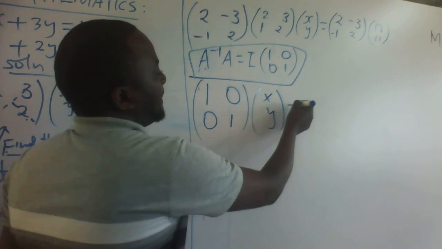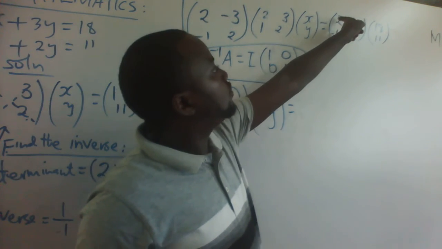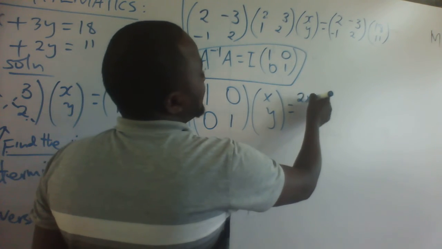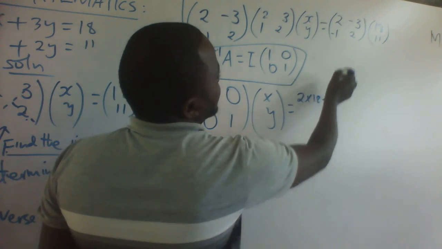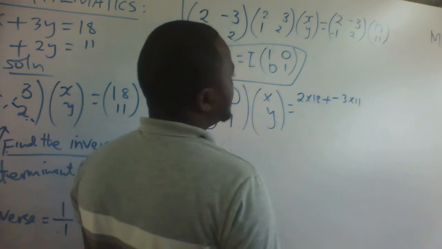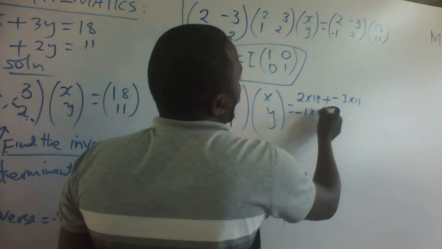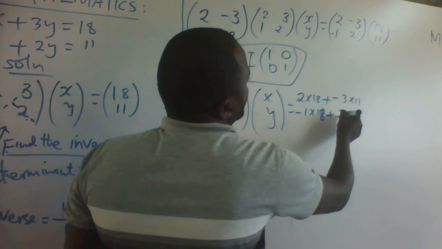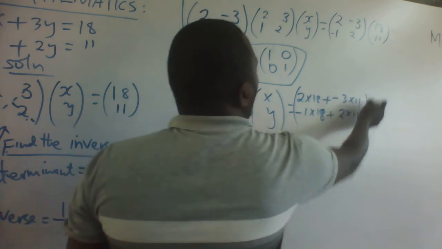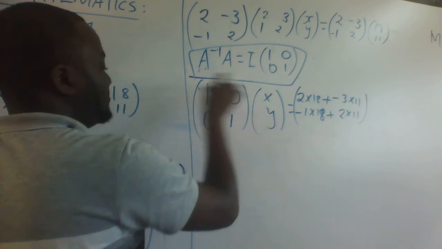Equals, multiplying here, 2 times 18 plus minus 3 times 11, and minus 1 times 18 plus 2 times 11. Identity times any matrix is that matrix.